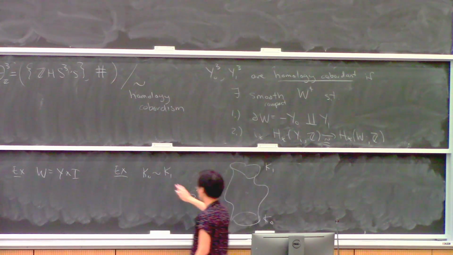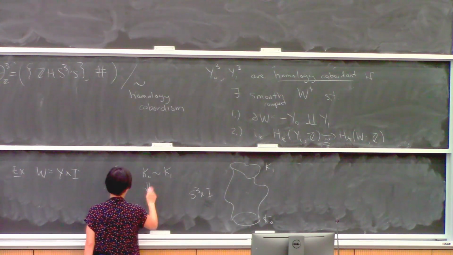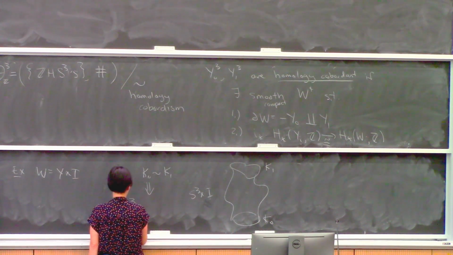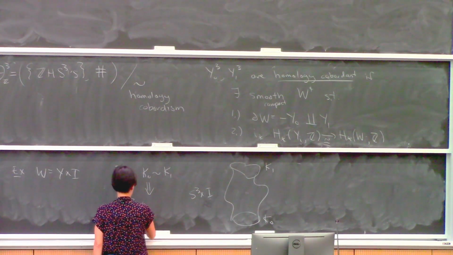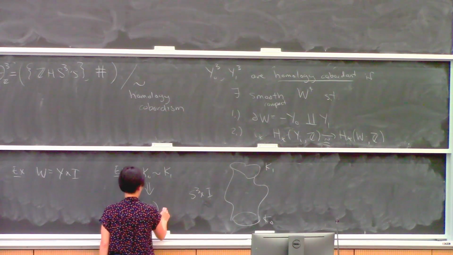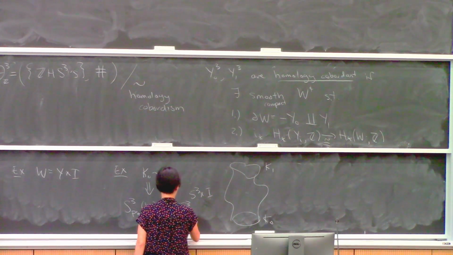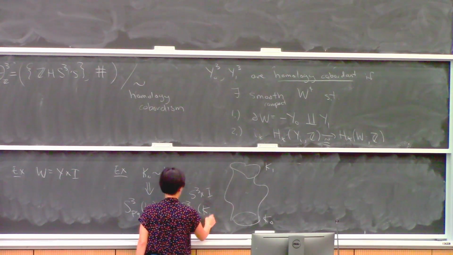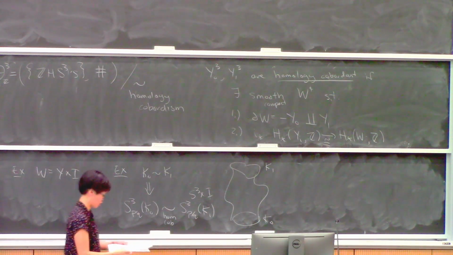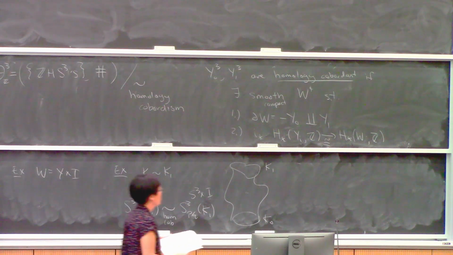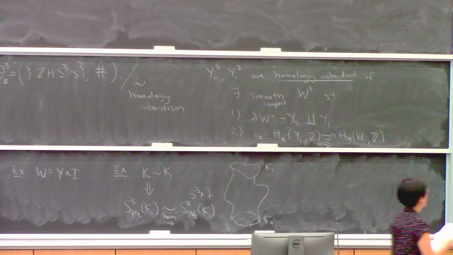So the point is that if you have two knots that are concordant, then their surgeries are homology cobordant. So there's a close relationship between knot concordance and this homology cobordism.